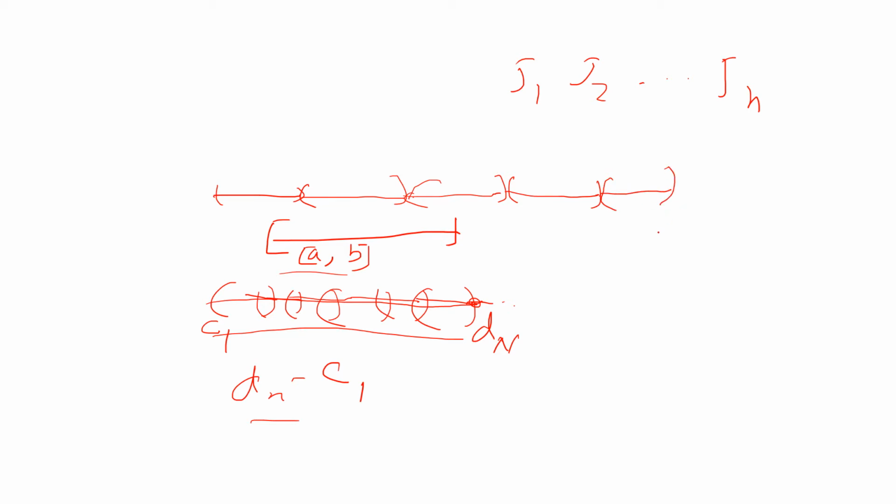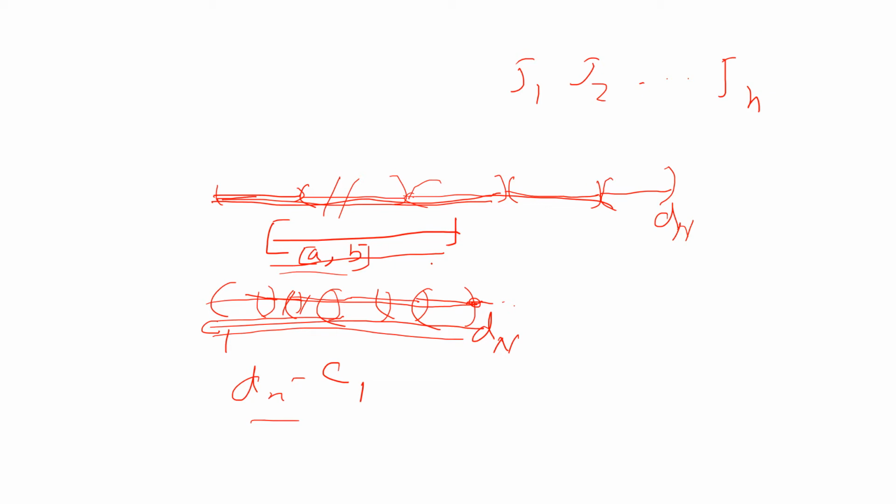So what we can understand from here is that if you take the individual interval lengths, the sum of that will be bigger than the union's length. The union's length will be less than the sum of the individual intervals. So that is quite obvious, okay.